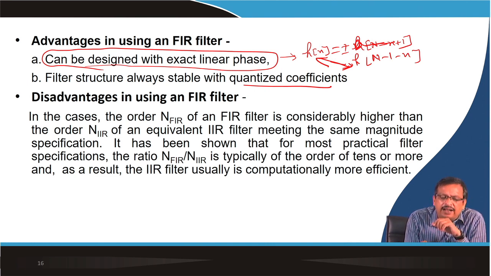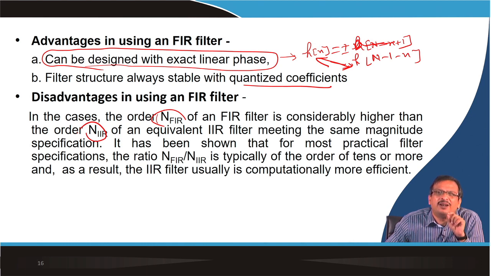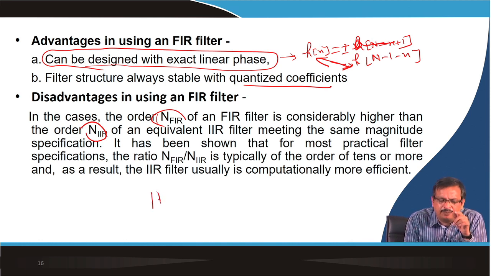The FIR filter order N is considerably higher than the order of the IIR filter. So the number of coefficients, the computational complexity, in the case of an FIR filter is much more compared to an IIR filter. If I put an H(z) of second order polynomial, how many delays are required?